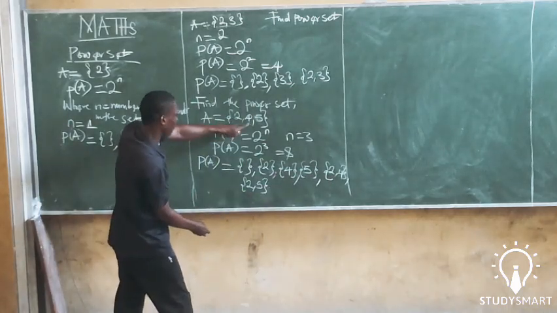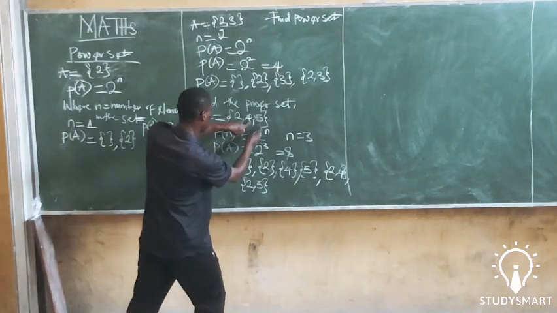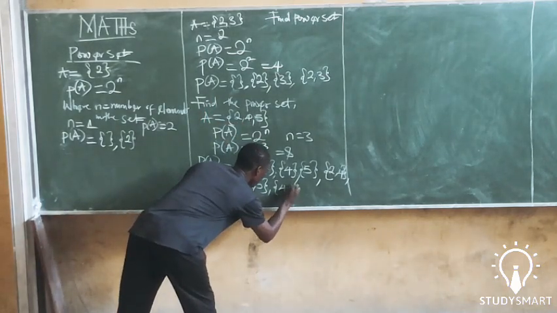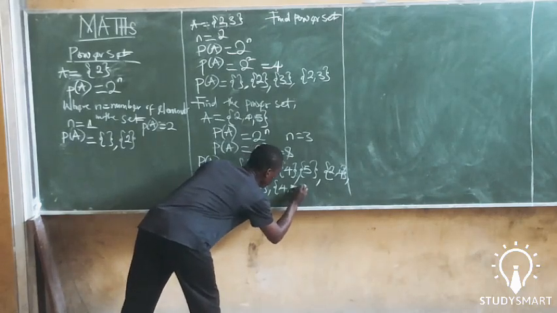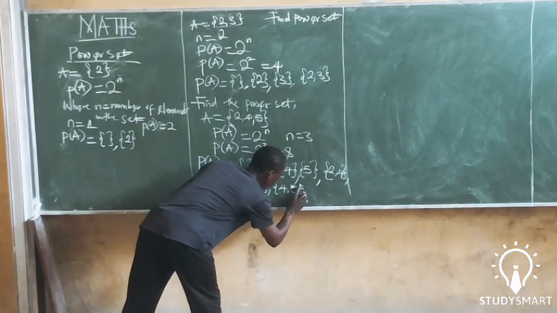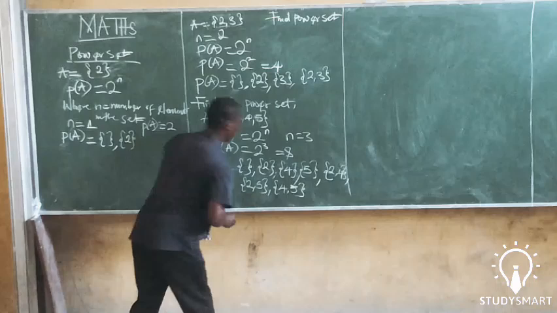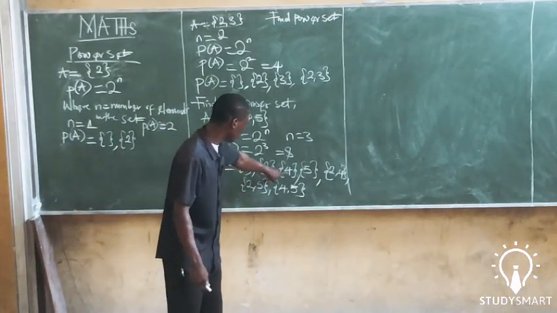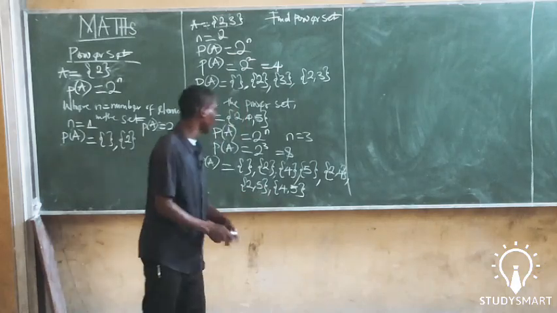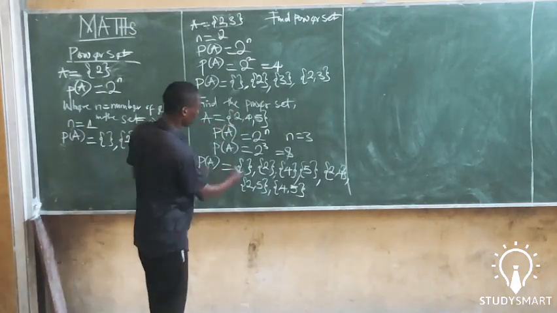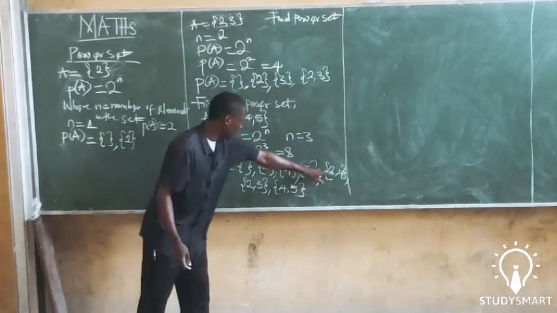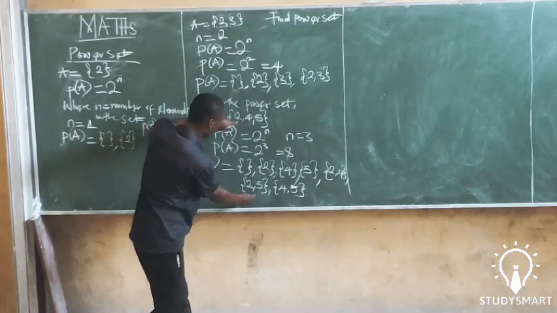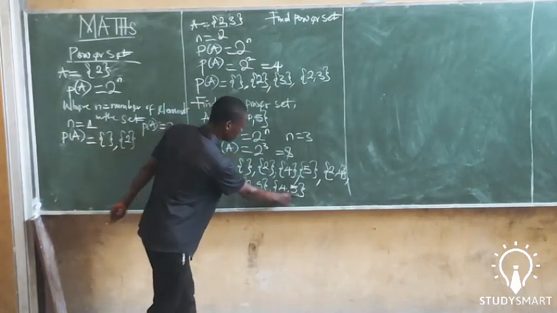The last one we have is 4 and 5. So how many subsets are we having here? This is 1, 2, 3, 4, 5, 6, 7. So it's the remaining one, which is for taking them in twos. This is in twos. That is 2 and 4, 2 and 5, then 4 and 5, which is this.